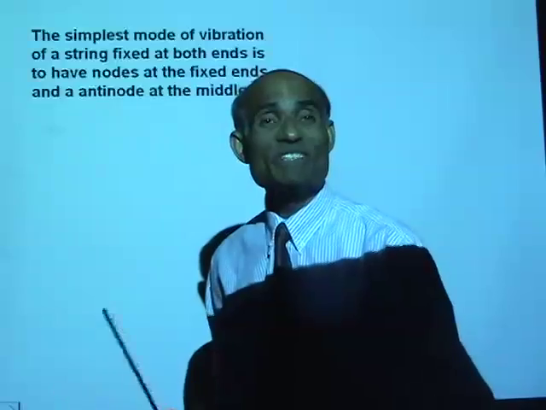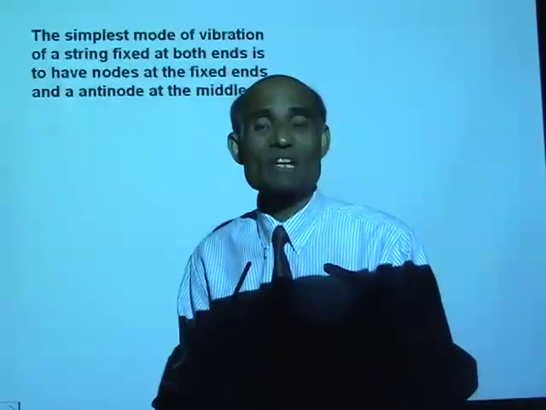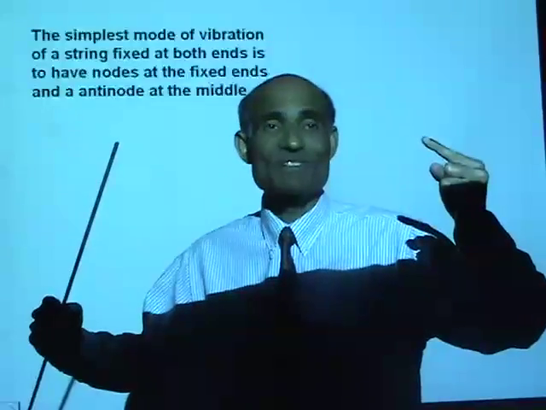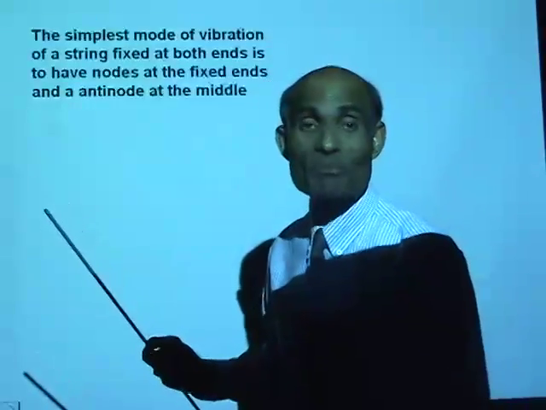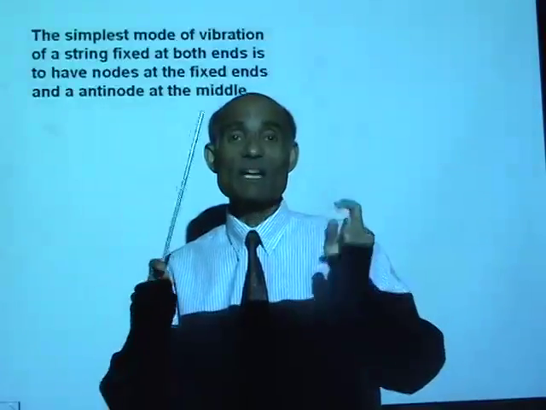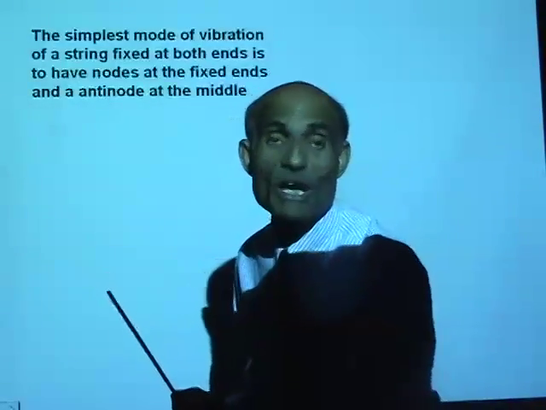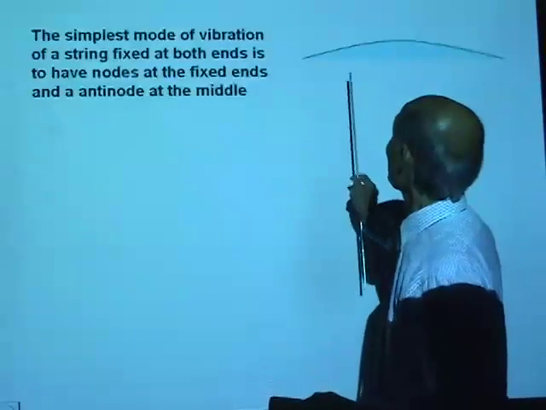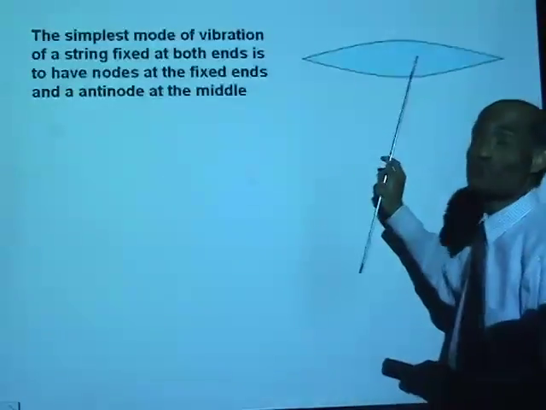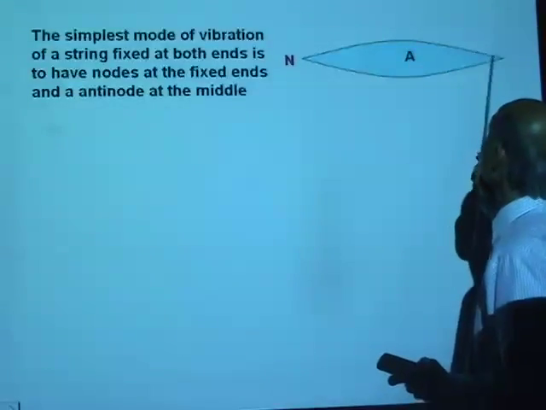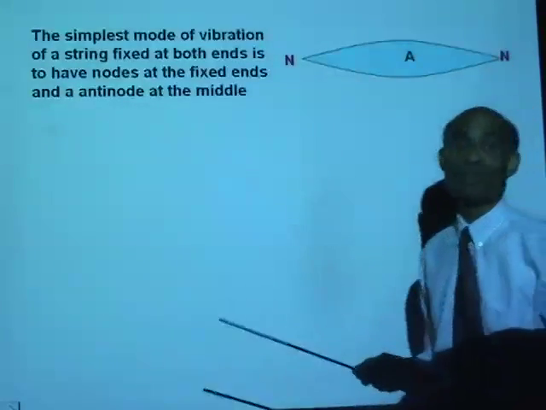Now, what is the simplest mode of vibration of a string that is stretched between 2 points? The simplest mode of vibration is that you have nodes at the fixed end and an antinode at the middle. Is that right? It will look like this. This is the simplest mode of vibration, with a node here, an antinode here, and a node there.